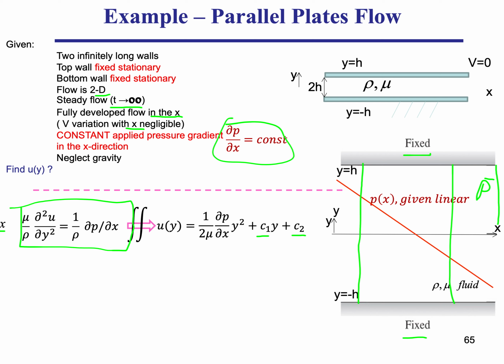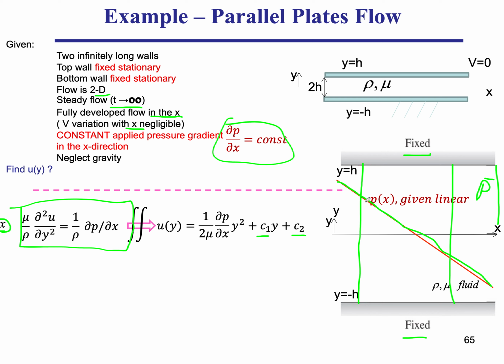But before we apply our boundary conditions, if you go and look at the y and z momentum, you're going to get information about the pressure to be independent of y or z. dp/dz and dp/dy is equal to 0. So the pressure is only a function of x, as we have drawn it over here, as it is given in the problem statement that dp/dx is a constant.